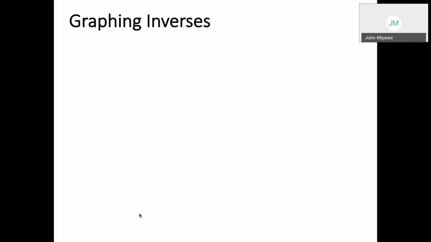Let's look at the graphical relationship between two functions that are inverses of each other. And hopefully, what we are covering is all review from Math 121 or from a previous course.